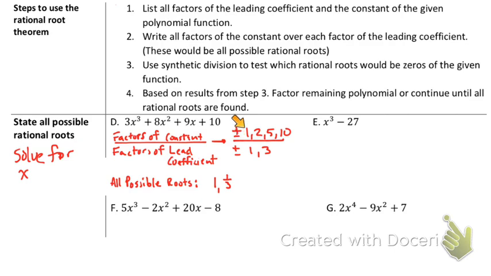So we move on to the next number. 2 divided by 1 is 2. 2 divided by 3 is 2/3. 2 has been divided by all these numbers. We move on to 5. 5 divided by 1 is 5. And 5 divided by 3 is 5/3.